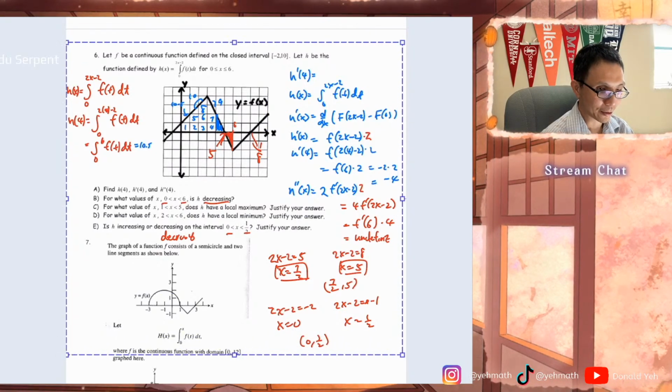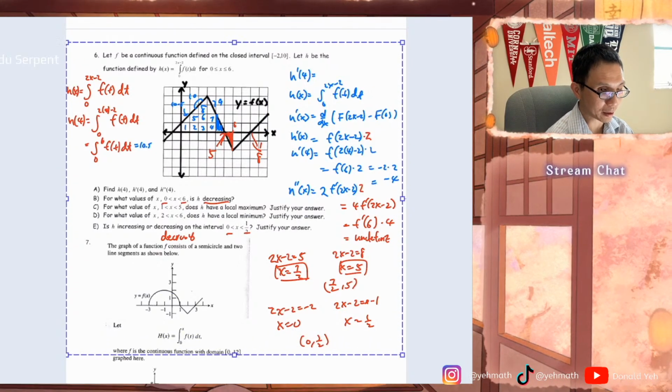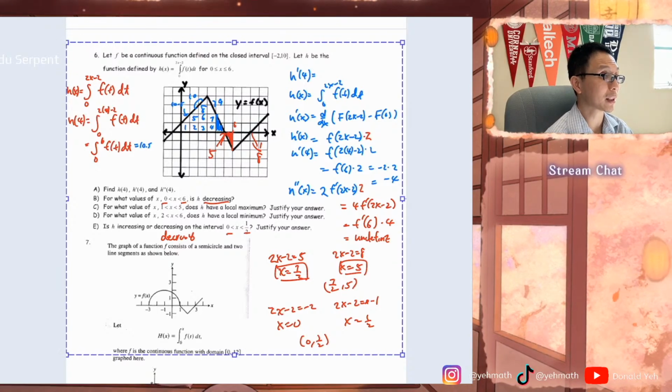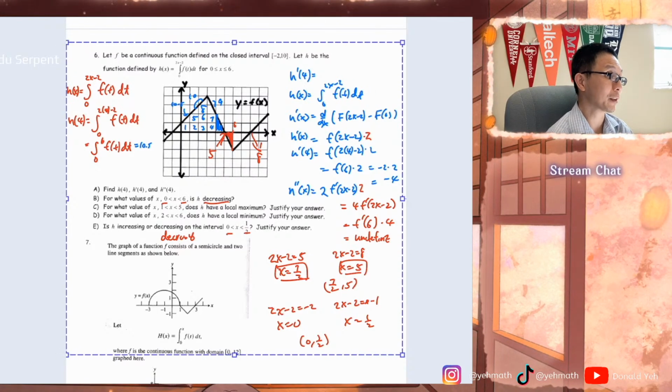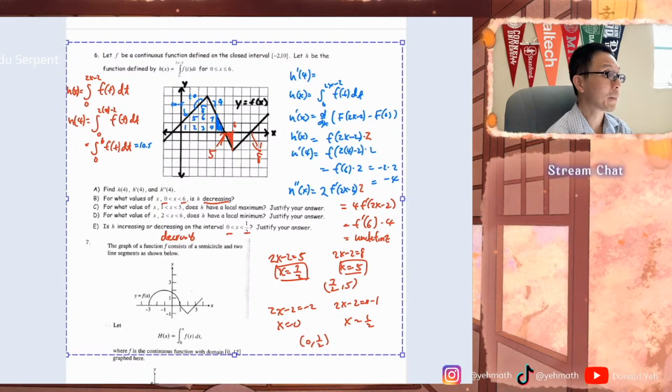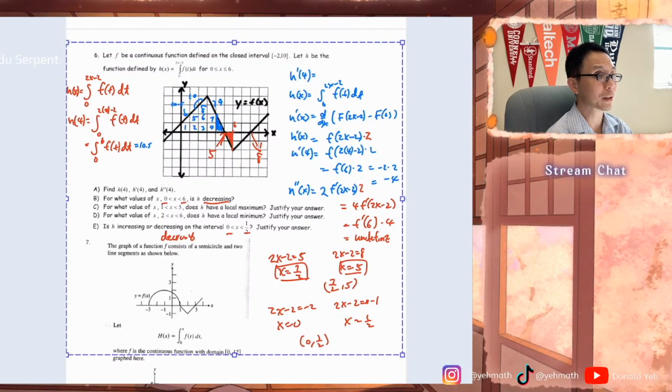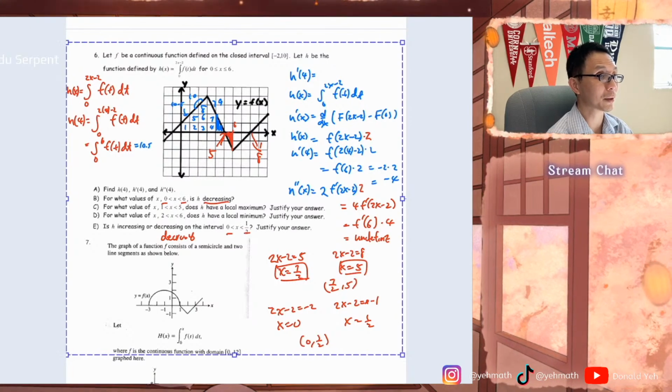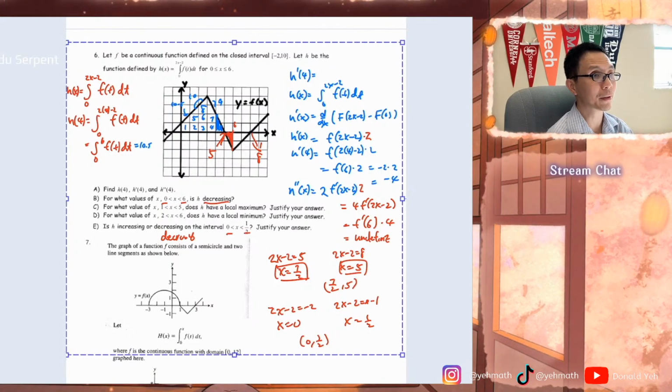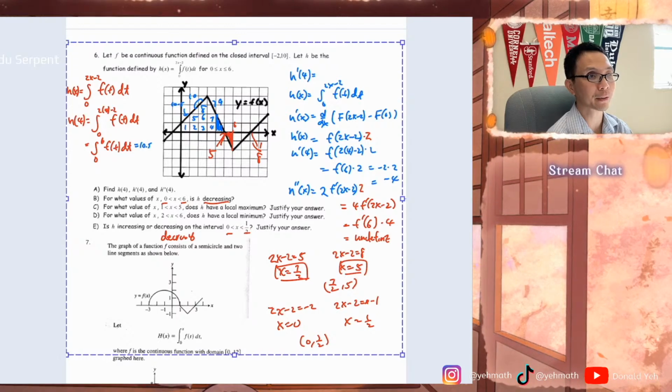When they say h is decreasing, that means you have to take a derivative of h and find out if it's negative. The first derivative tells me whether the slope is positive or negative, which tells you increasing or decreasing. The second derivative tells you concave up or concave down.